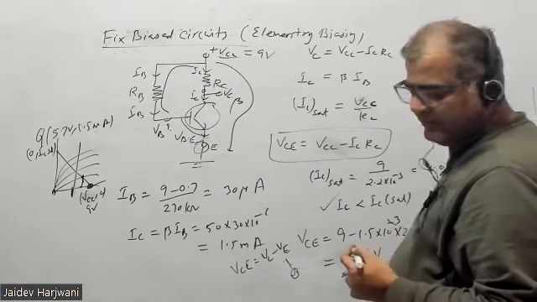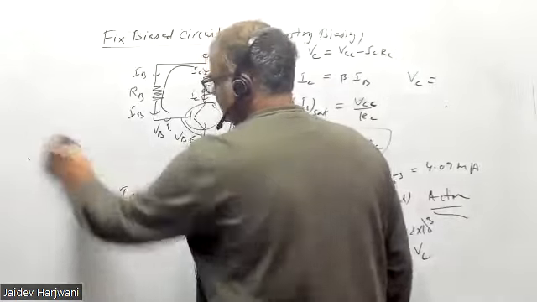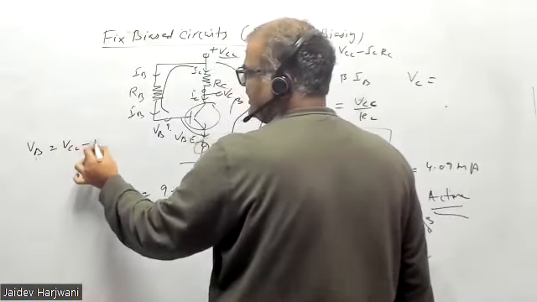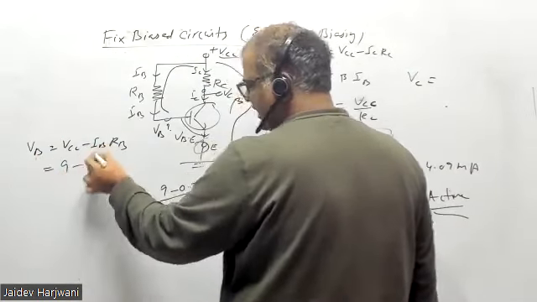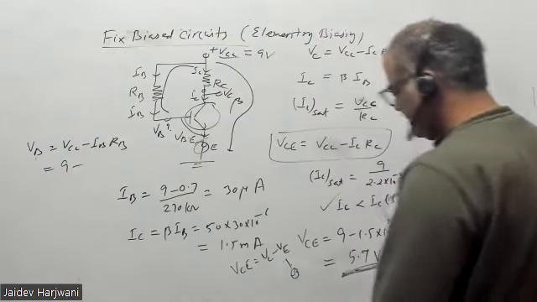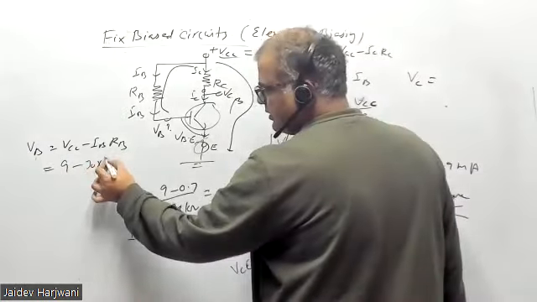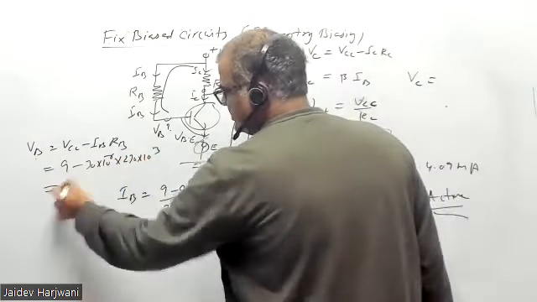And what about IB, VB? VCC minus VB is what? VCC minus IBRB. VCC is how much? 9. IBRB is how much? Tell me. 30 microampere, and RB is 270 kilo ohm. How much is coming?